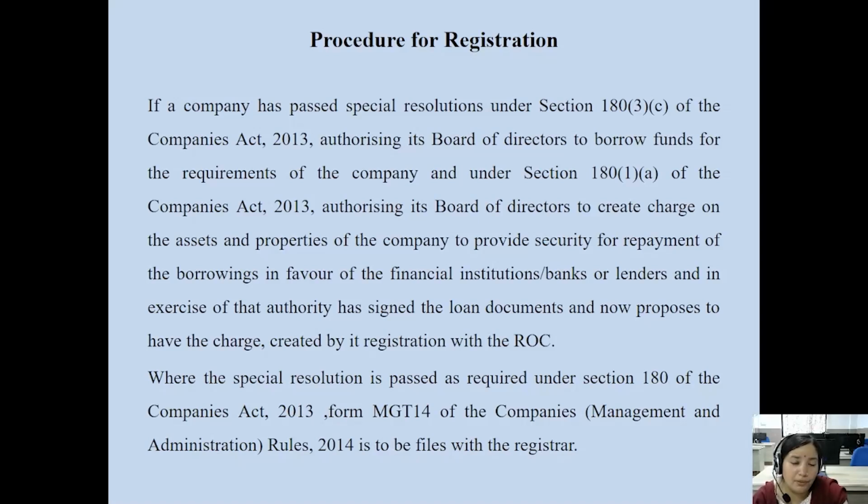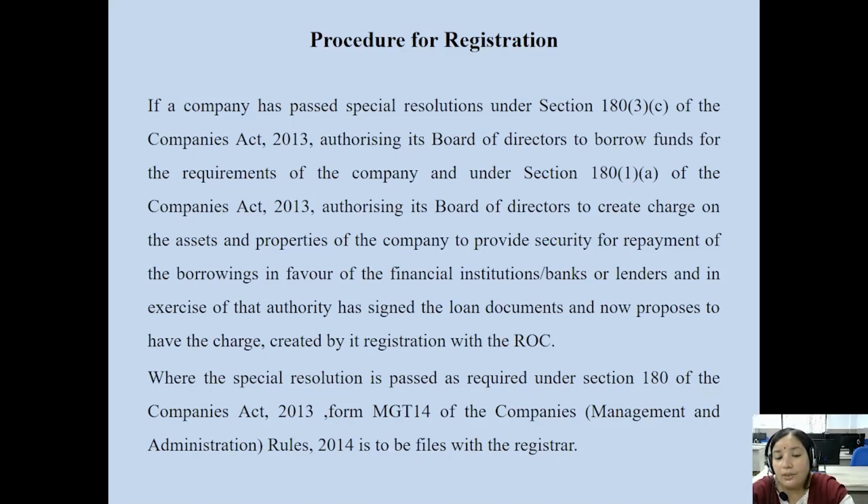For the purpose of obtaining loans and advances by creating a charge over the assets of the company, as per the process involved, the company has to pass a special resolution under section 180, subsection 3, clause C of the Companies Act 2013, authorizing the BOD of the company to obtain funds for the requirements of the company under section 180, subsection 1A of the Companies Act 2013, authorizing the board of directors to create a charge over the assets and properties of the company and to provide securities for the repayment of the borrowings in favor of the financial institutions, banks, and lenders.